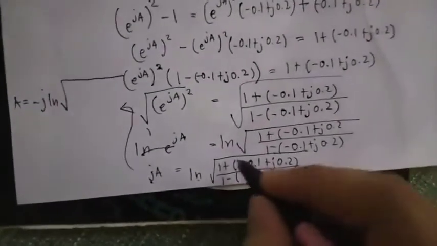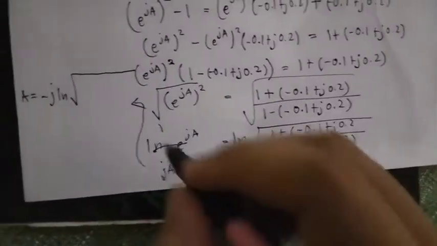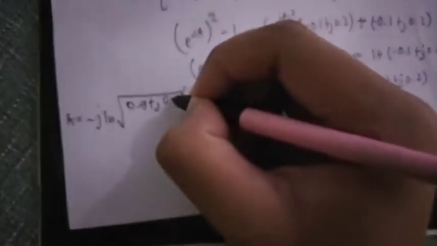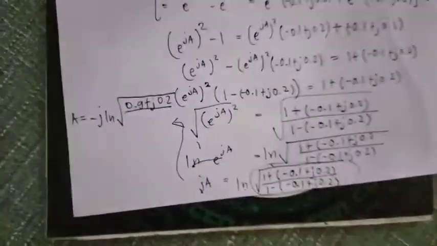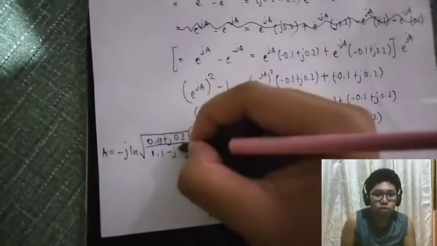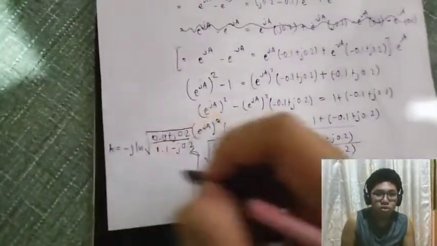But we can simplify the values inside the square root. That would be 0.9 plus j 0.2 all over 1.1 minus j 0.2.